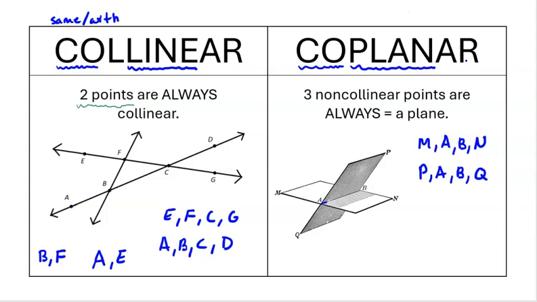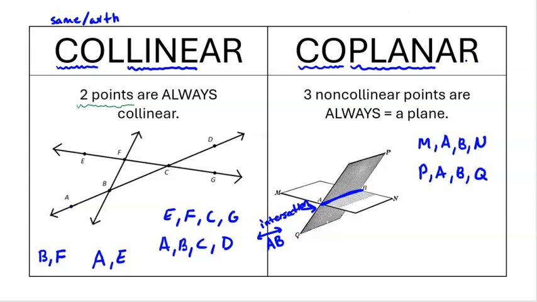And notice where those two planes are meeting is right here. So that would be the intersection of those two planes. So the intersection of the white plane and the gray plane is going to be line AB.